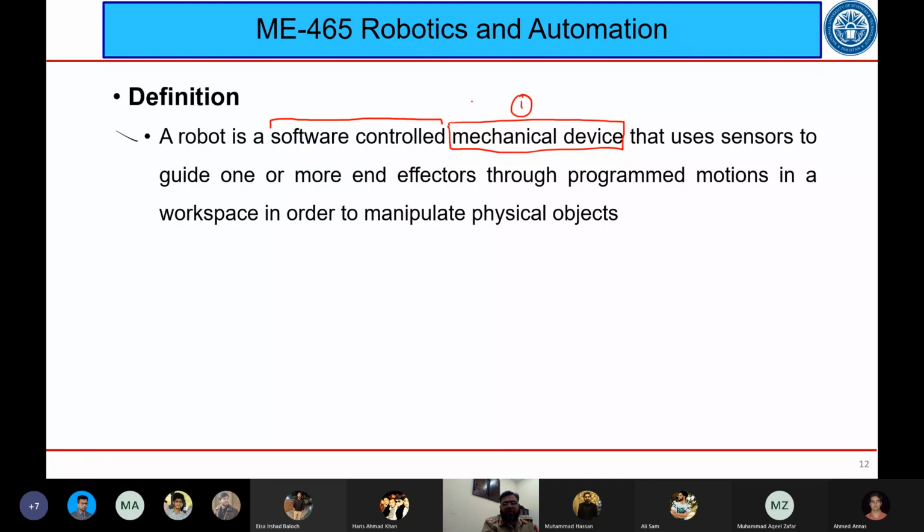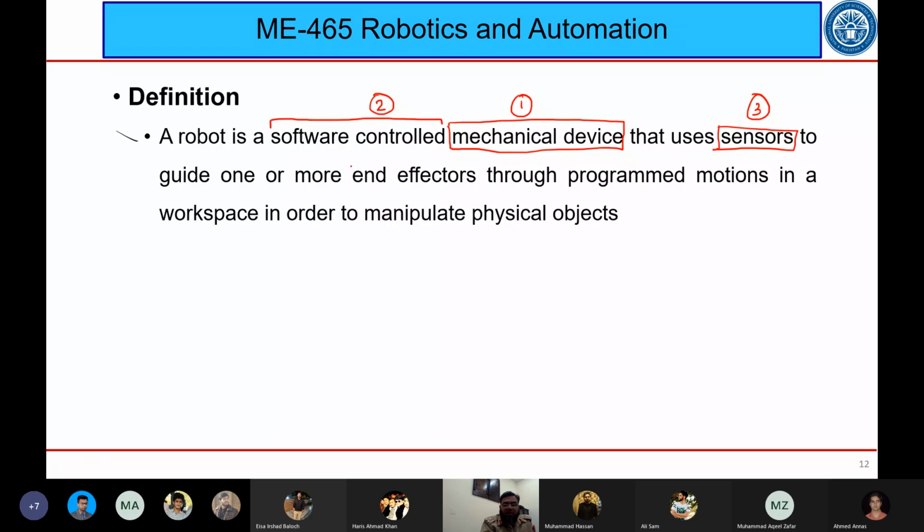So number one, it's a mechanical device, and it is controlled with software. And where does the software get input from? From sensors. So there are sensors which give input to the software, and the software then controls that mechanical device.